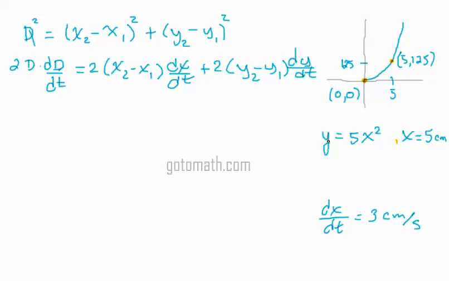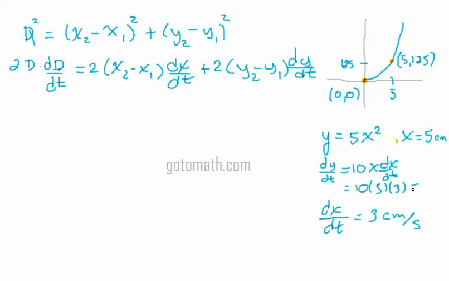What we don't have is dy over dt, but we can get that from here by taking the derivative of this with respect to t. So let's do that. The derivative of y is 1, but then we write dy over dt, and that's going to be 10x dx over dt. Then we simply plug in 5, our x value here, and dx over dt, which is 3.